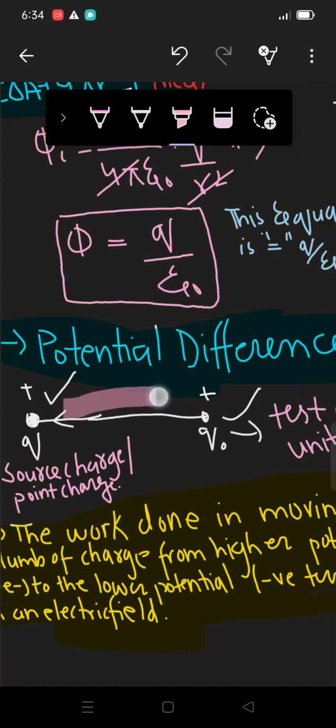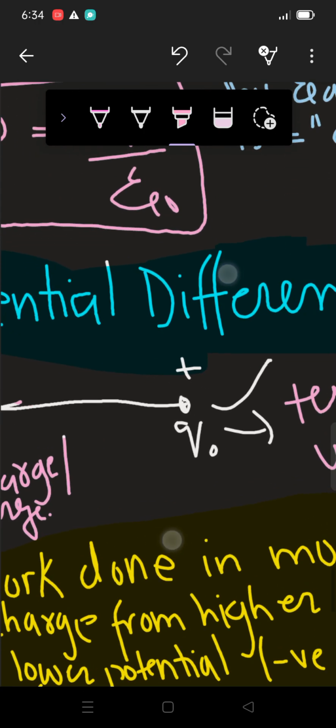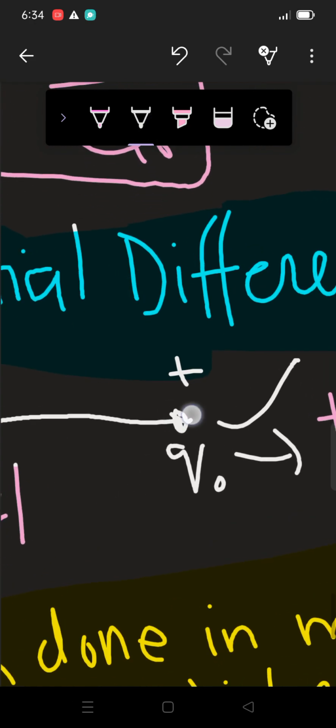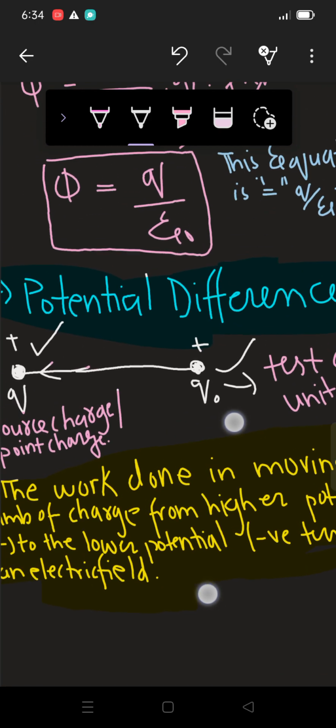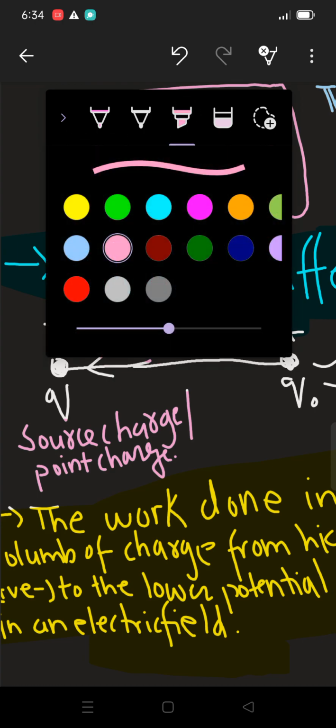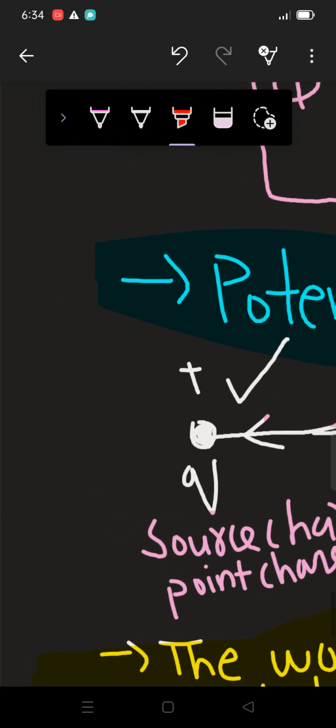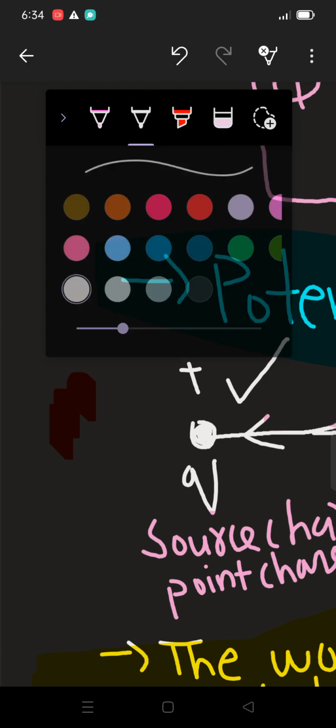You can see electric field lines are like this, but they are moving against the electric field intensity, or against the electric field. The work is stored in this charge. The work will be stored in this charge in the form of electrostatic potential energy. Very important in terms of MCQs. Alright, so I'm writing here. Sorry, I need to use this.